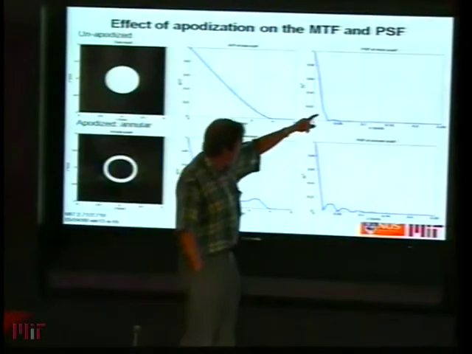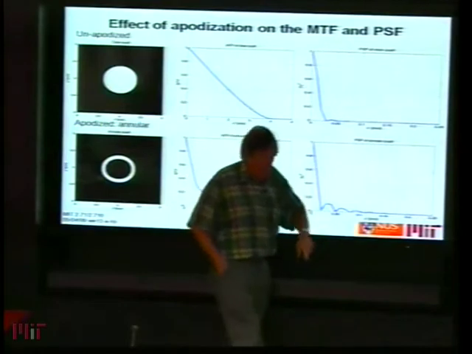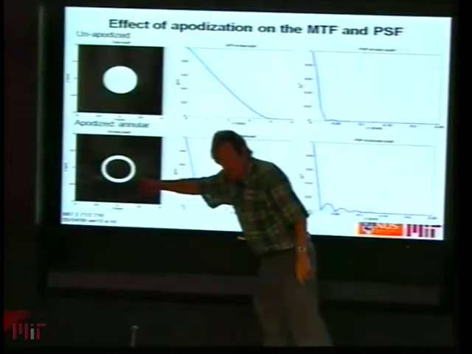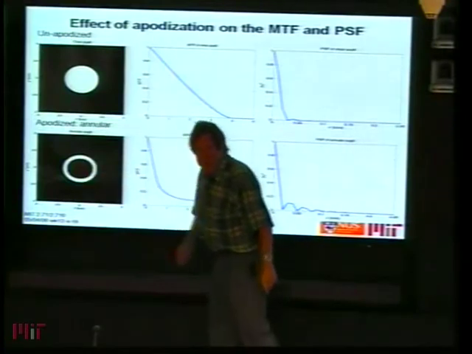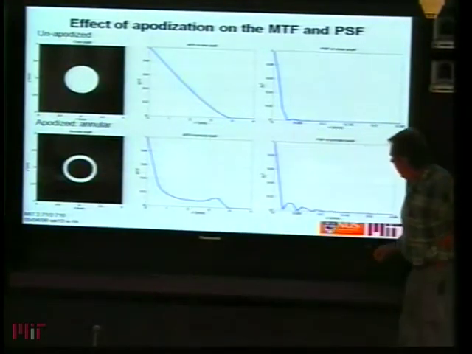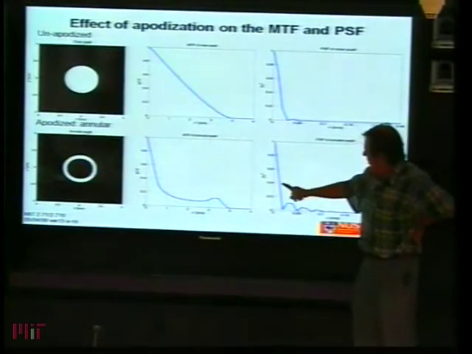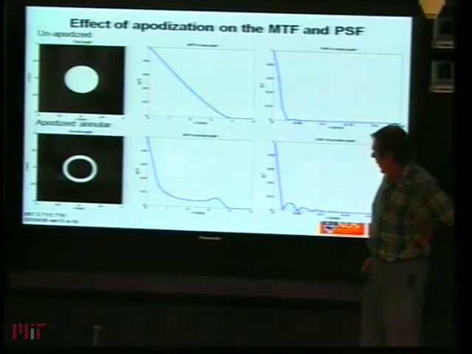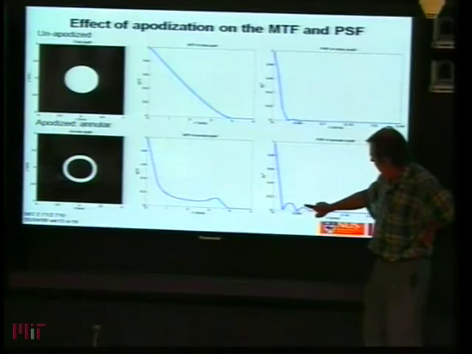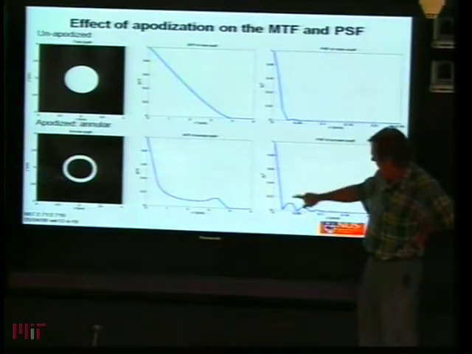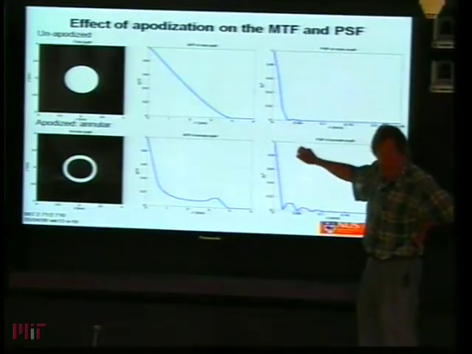So what you see is when you look at the annular case, you put this central obscuration in the center there. What it does is it narrows up that central lobe, and you can see, though, it also increases the strength of these side lobes. These are much higher than these ones.